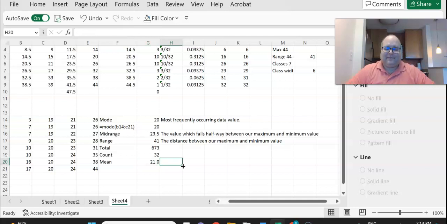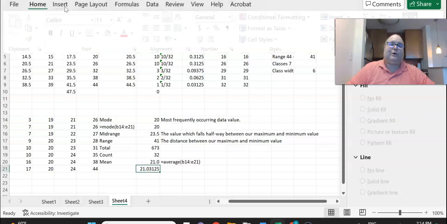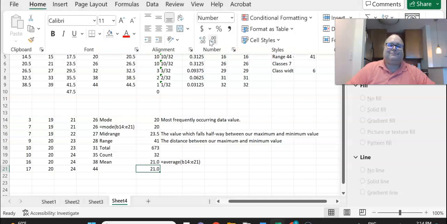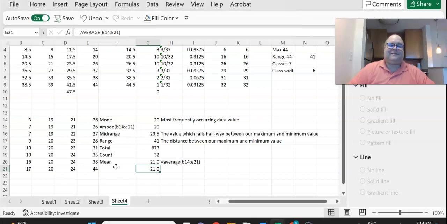And we can figure this out using equals average of B14 through E21. And drop that in here. And it gives us the same value. Trimming it down to size. So that is our mean.